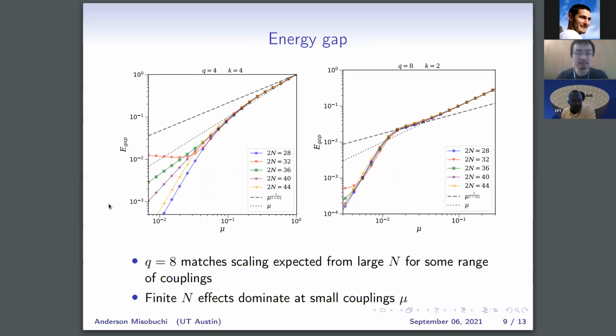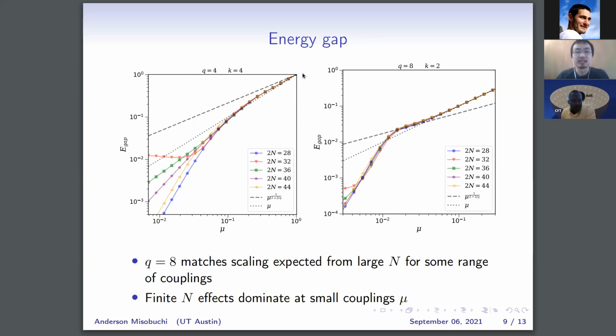So what we have found, and what was nice, I think, is that we could find the scaling that was expected from the gravitational analysis for Q equals H, which was only possible because of the sparsity property. Simulations for all-to-all SYK using exact diagonalization only go up to 32 fermions.